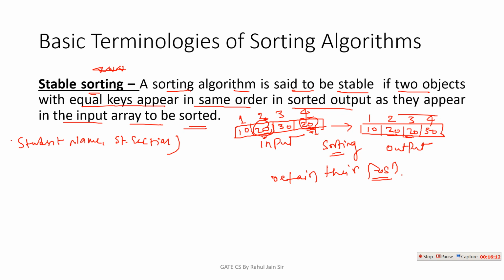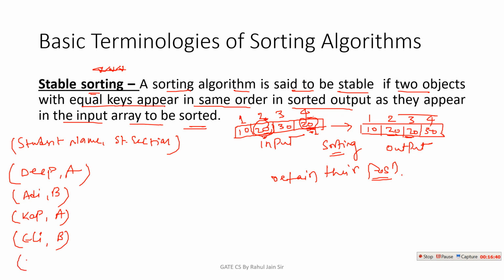You have some data sets like, for example, Deep with section A, second is Adi with section B, then Cap with section A, then Eli with section B, and for example Carl with section A. They are the student names with their respective section names.